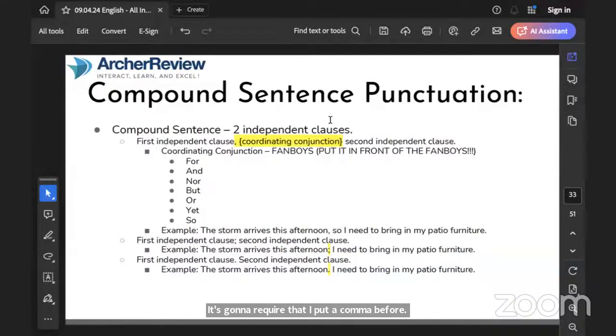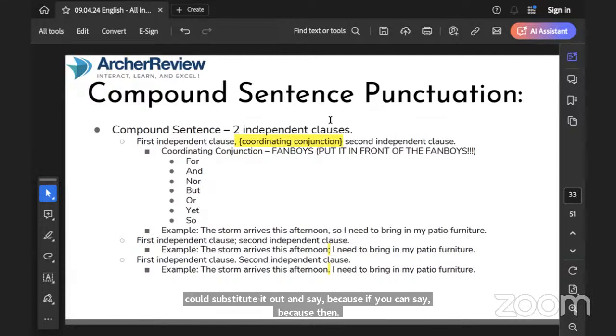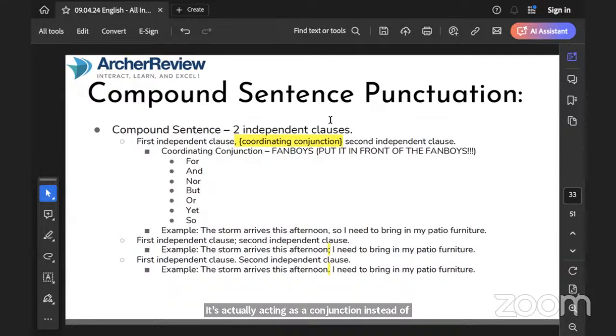So, for example, your fanboys are for, and not the preposition for, but for in terms of if you could substitute it out and say because. If you can say because, then it's actually acting as a conjunction instead of a preposition. So for, and, nor, but, or, yet, so. Those are your coordinating conjunctions.